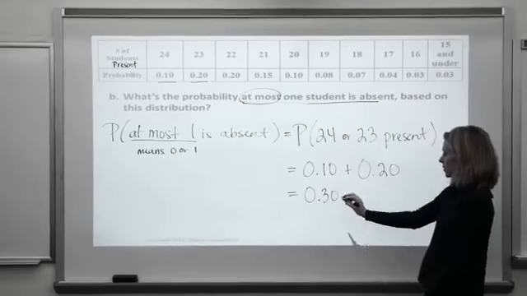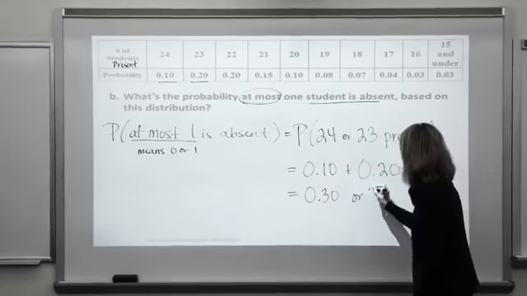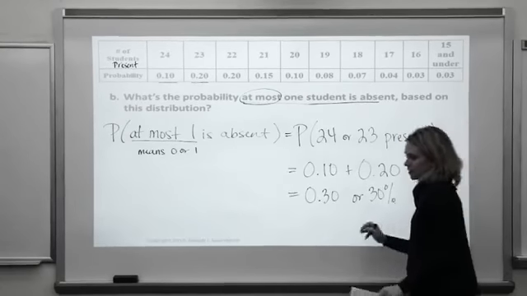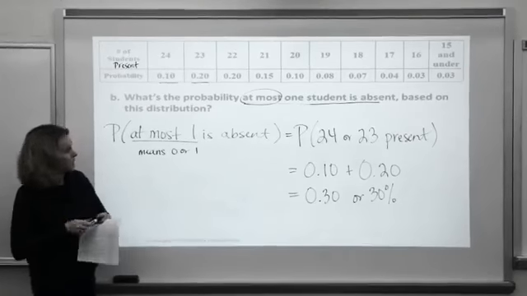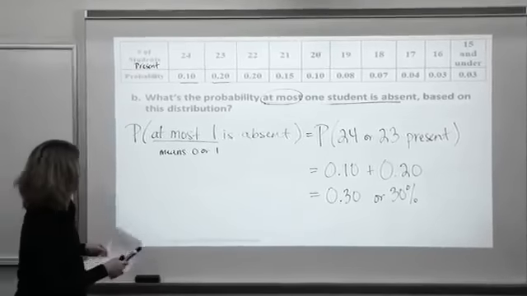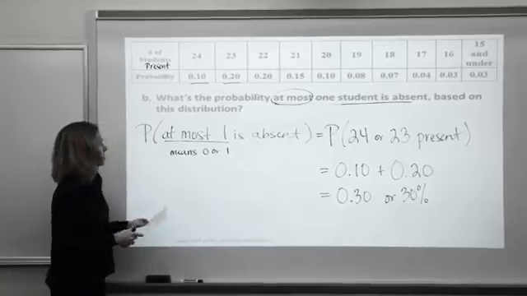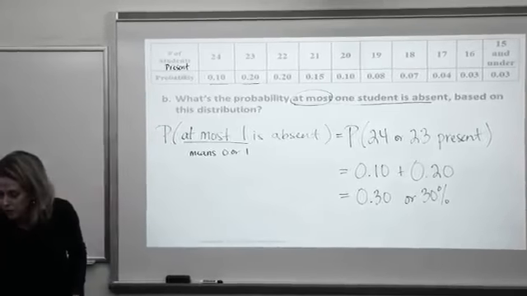We get a probability of 0.03 or a 30% chance that on any given class we have at most one student that's absent. All right, let's go to part C.